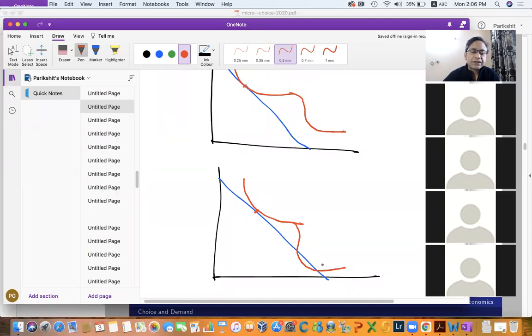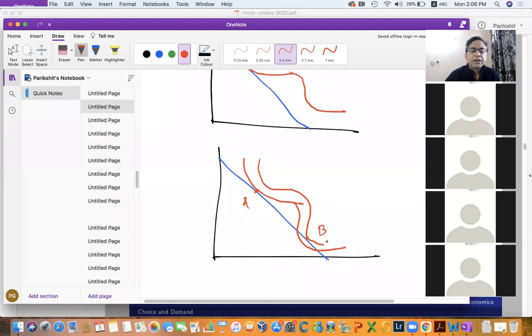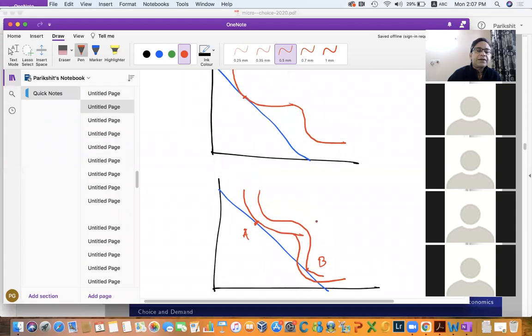And then here there's another point of tangency. So we may have multiple points of tangency. And there again, this is the first caveat I was talking about. The second one. Here, the point A is a local maximum, but it's not a global maximum. The global maximum is the point B. Okay.